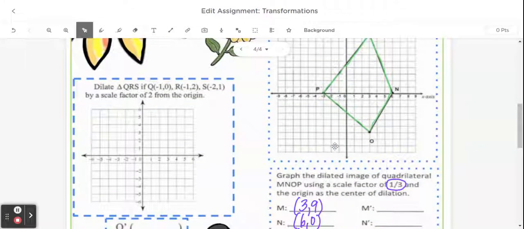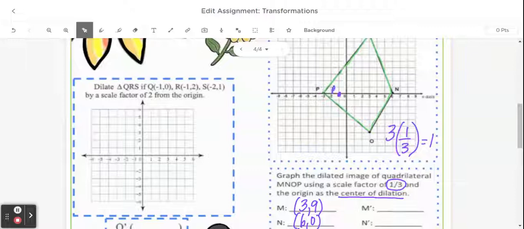You have to focus on what your center of dilation is. For this one, the center of dilation is the origin. That means every vertex will only be a third as far as it is now. So right now, do you see from P to the origin, it's 3 units long? Well, 3 times 1/3, because we multiply by the scale factor, is 1. So our new ordered pair is going to be right here, just 1 away from the center of dilation.